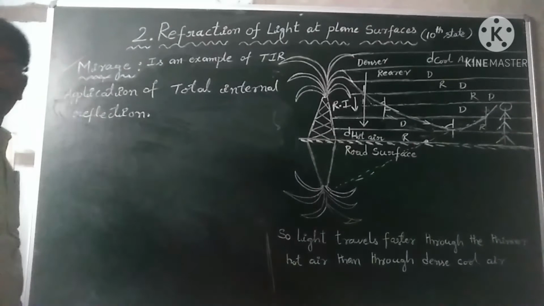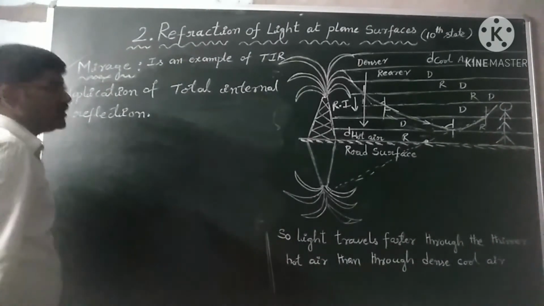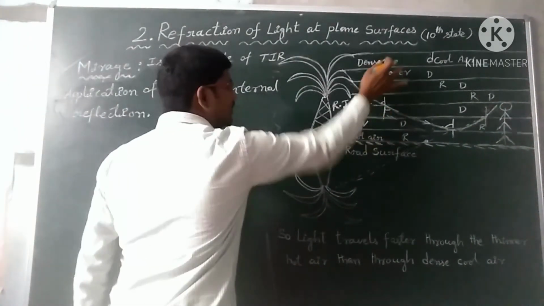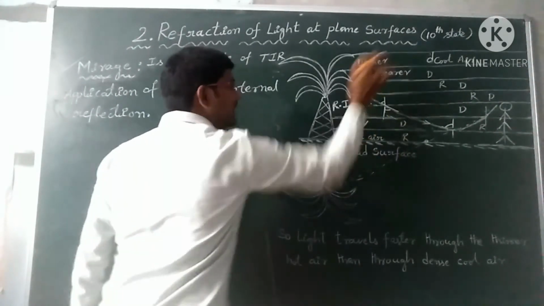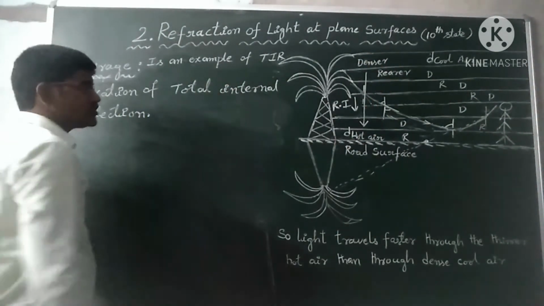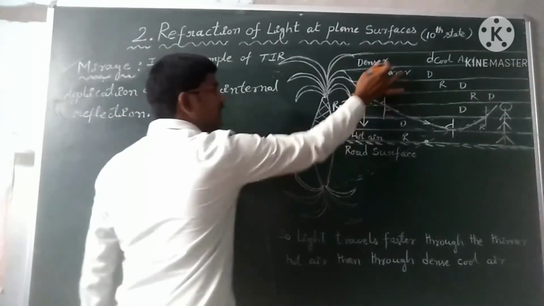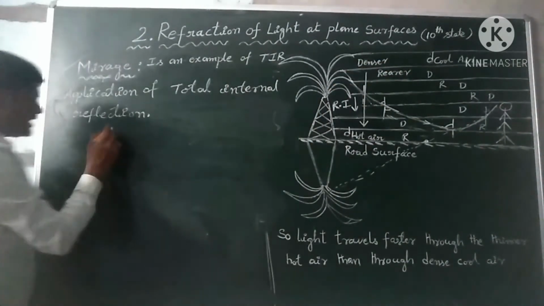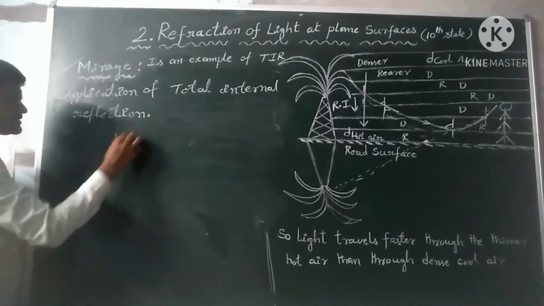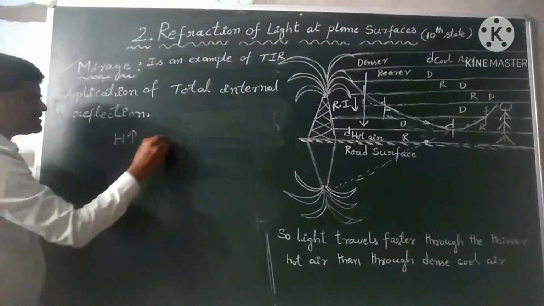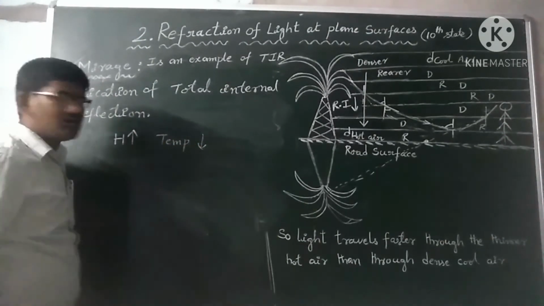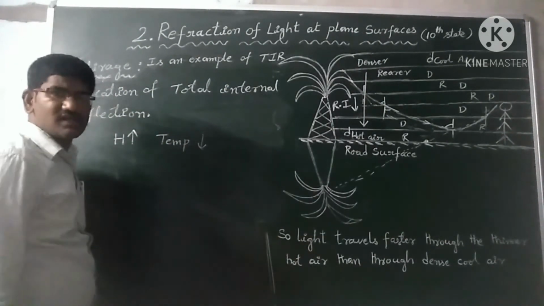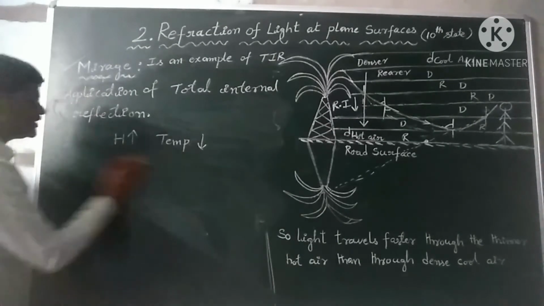Okay, students, and now see, air just above the road is hotter than the air at higher altitudes. So we have hot air here and we have cool air here. Means as height increases, the temperature of the air decreases.